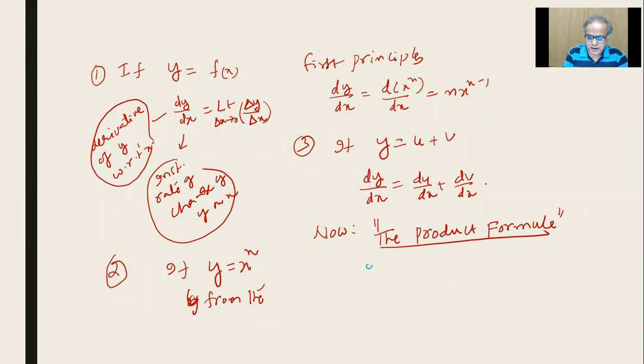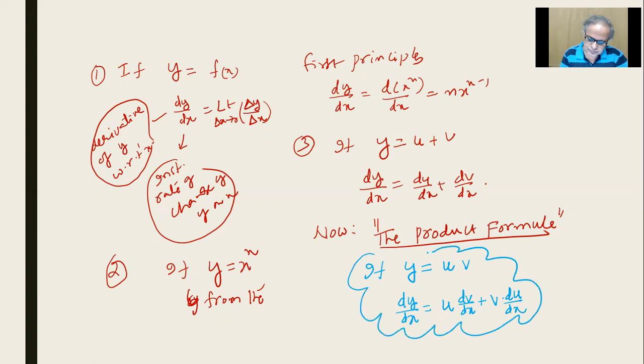It is like this: if y equals uv, remember u of x, v of x, I'm just dropping certain things to make it look simpler. Then dy by dx equals the first function u into the derivative of v with respect to x, plus the second function v into the derivative of u with respect to x. This is the product formula. Okay, this is today's main idea. Proceed.